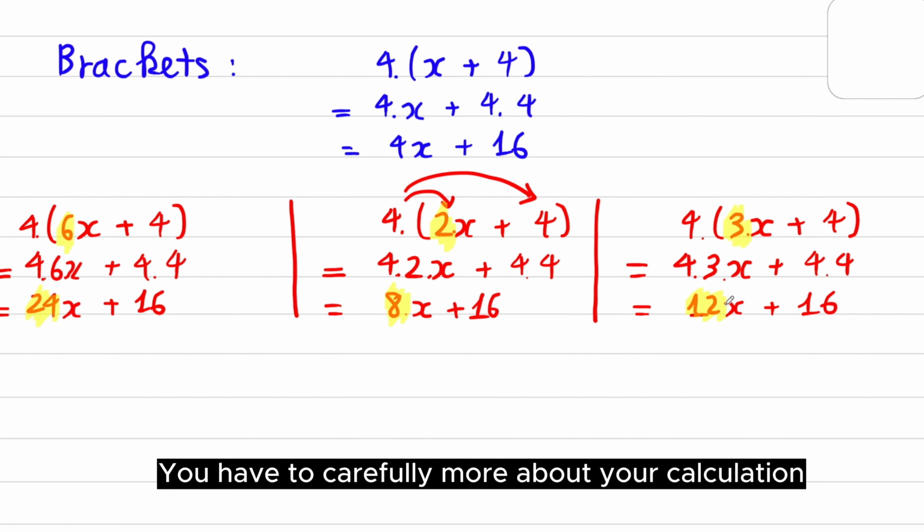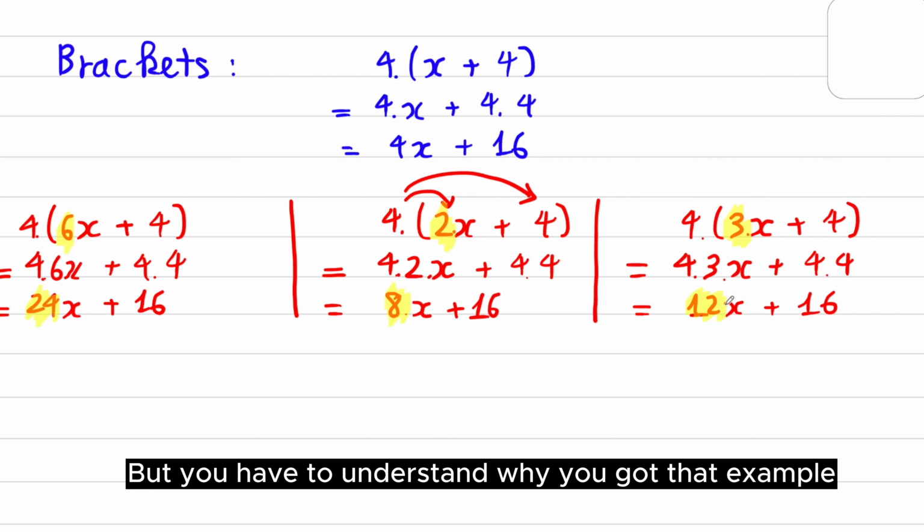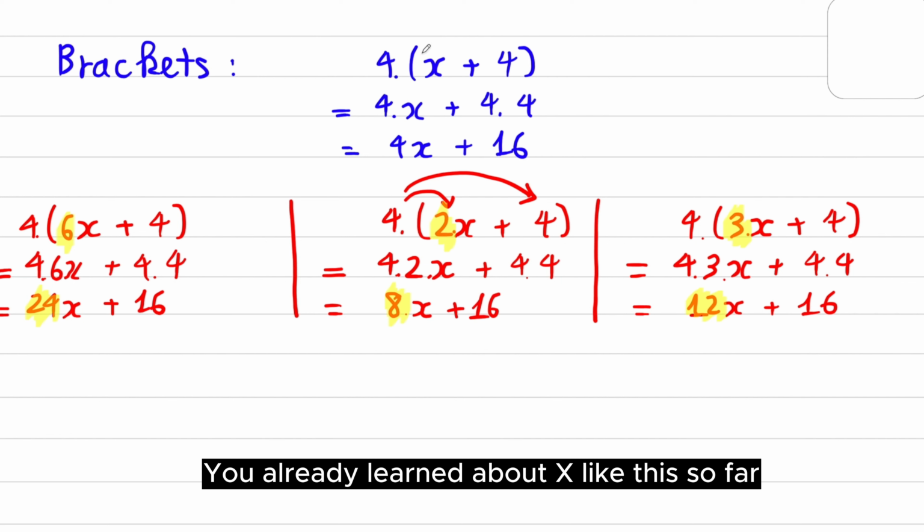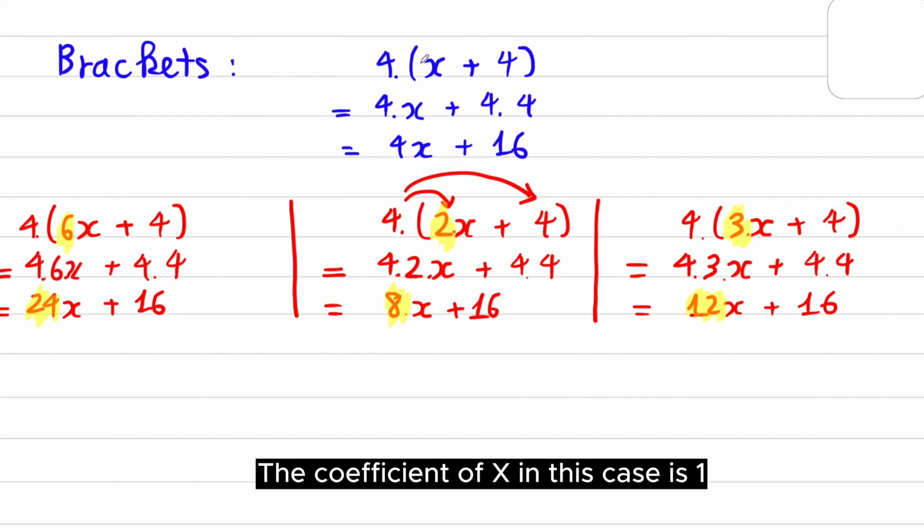So that's why you have to be careful about your calculation. I think this is very basic calculation for you, but you have to understand why you got that answer. This is harder than the last video, because in the last video you learned about x like this. For this x plus 4, the coefficient doesn't mean 0. The coefficient of x in this case is 1.